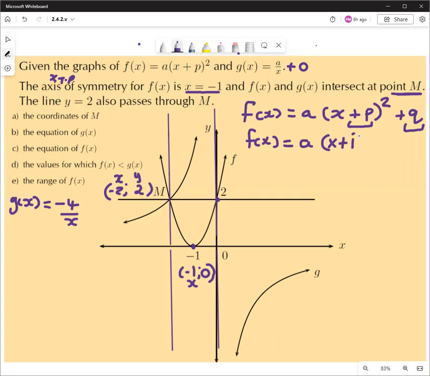You are always going to put the opposite sign of what you have on a point there. So remember, the x on the point and on the equation are always opposite sign. Né? Then you have that, right? And then our q in this case is 0. That's why they didn't show q there, because q is 0. Does that make sense? Perfect.